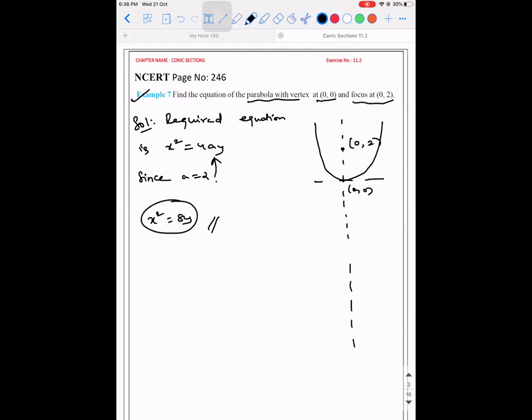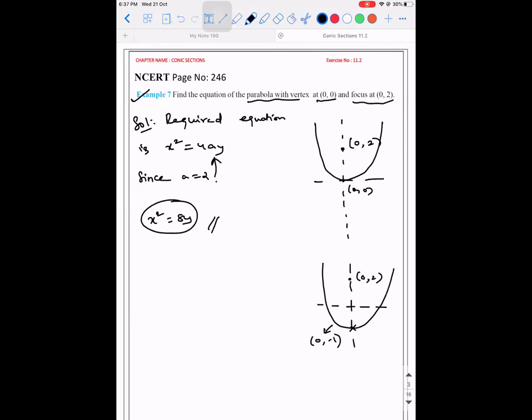Though you don't have it in your CBSE syllabus, in higher levels they can ask you, what if this is the focus (0, 2) with respect to a point which is (0, -1)? Then (0, -1) is the vertex. So what I'm trying to tell you is, in your NCERT, you have all the parabolas whose vertex is the origin. But in reality, it is not necessary that every parabola in this world will have its vertex only at the origin.